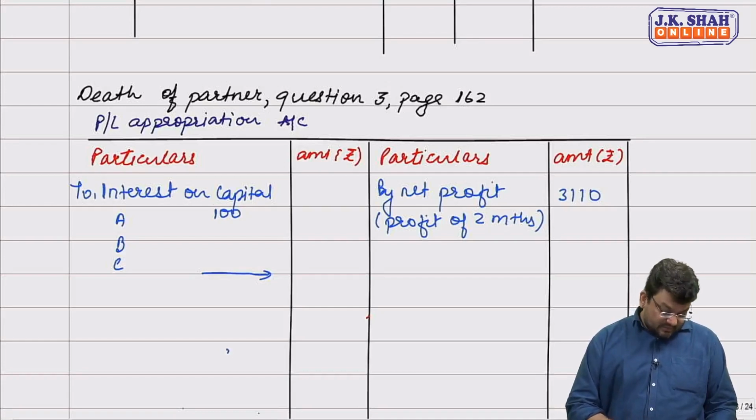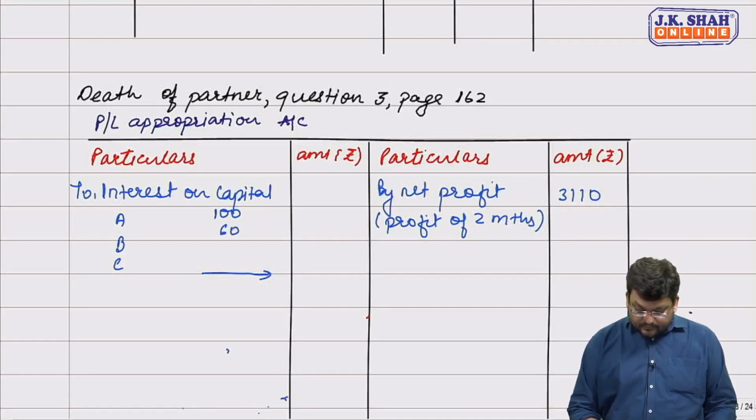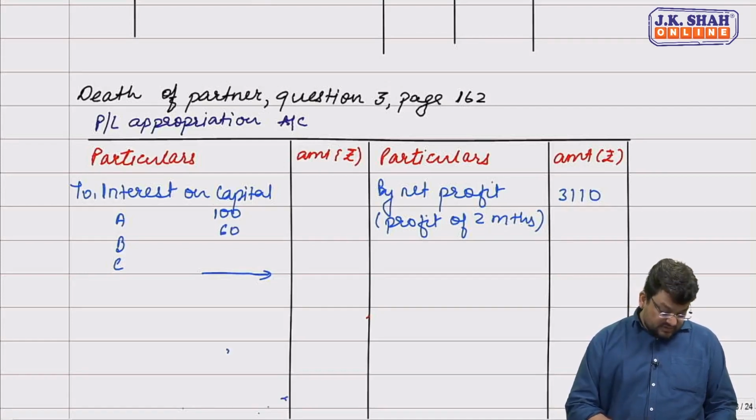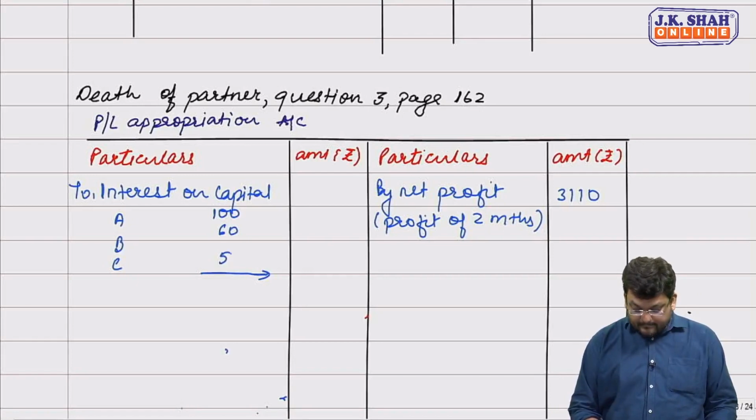On B's capital, on 6,000, again interest at 6% for 2 months. On C's capital, interest at 6% for 2 months. So total interest on capital comes to 210.